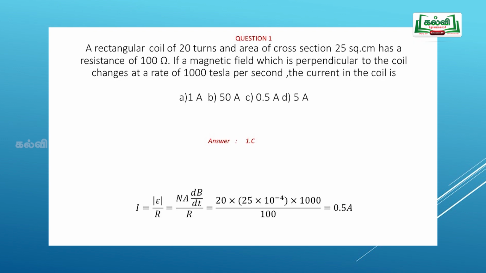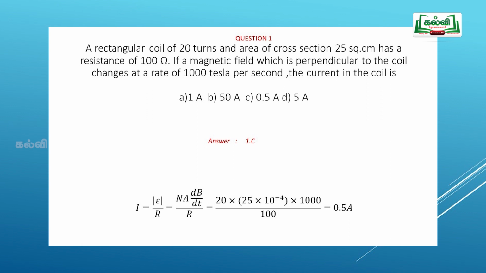Now, coming to the first problem, what is given here? Rectangular coil of 20 turns. So, N is given, area of cross section is given. Whenever you read the problem, read it carefully and note down symbolically how you represent these physical quantities. Number of turns N, then area of cross section A, then resistance 100 ohm.